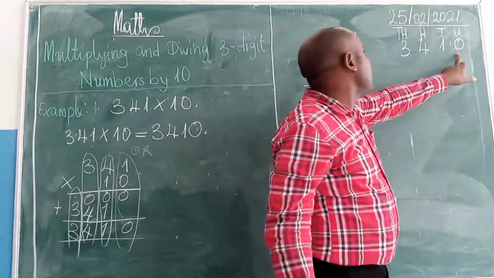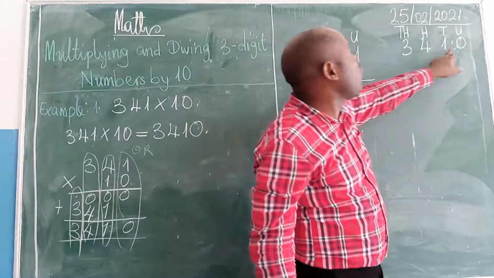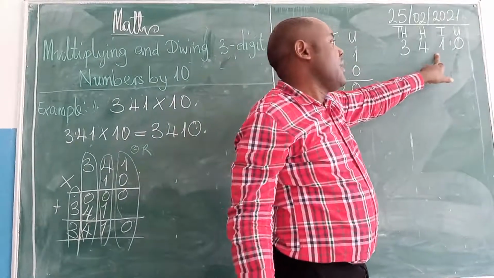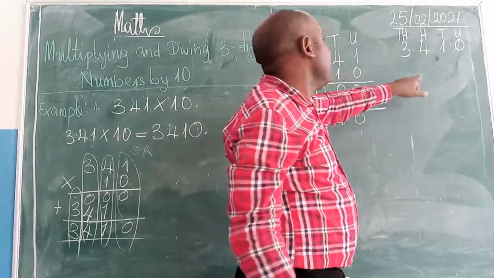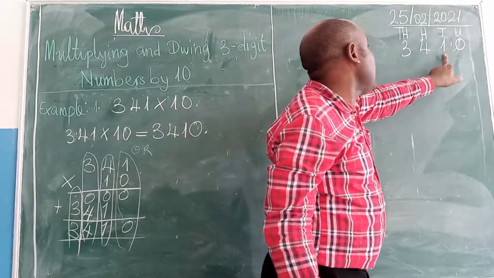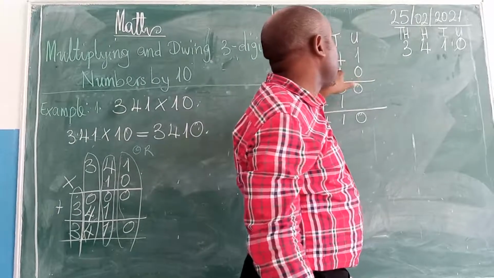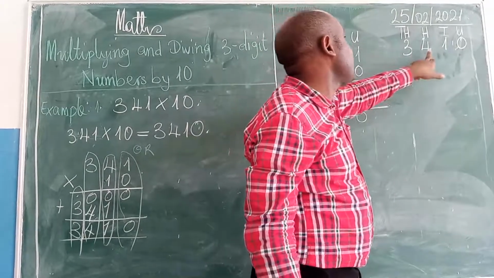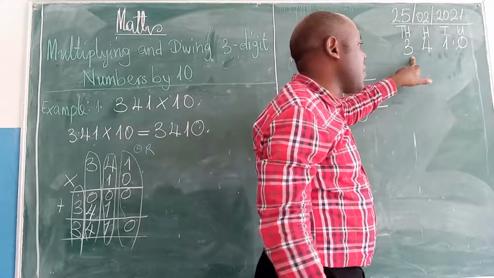The unit number that used to be 1 has shifted to 10. That means it has increased 10 times. Then the 10 has shifted to 100. This was 400, it is now 4,000. And this was 300, it is now 3,000.